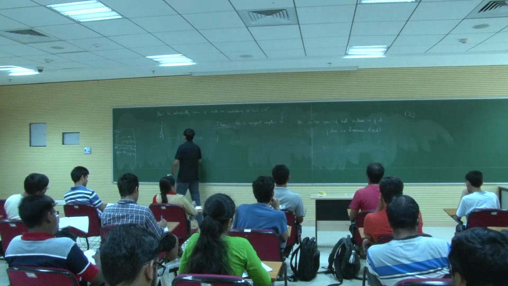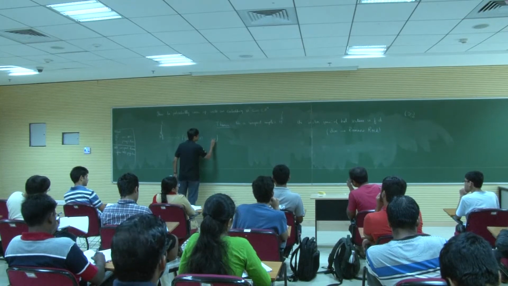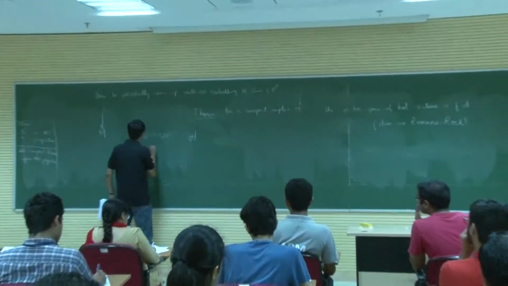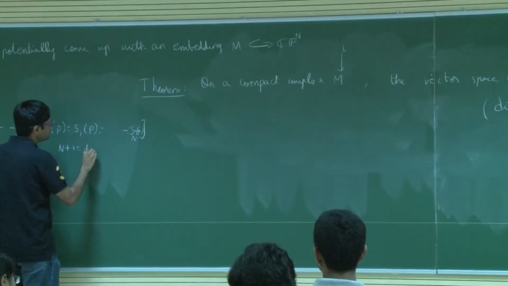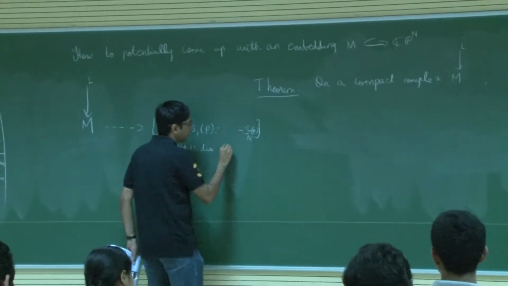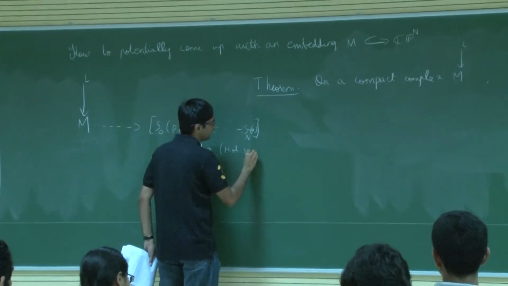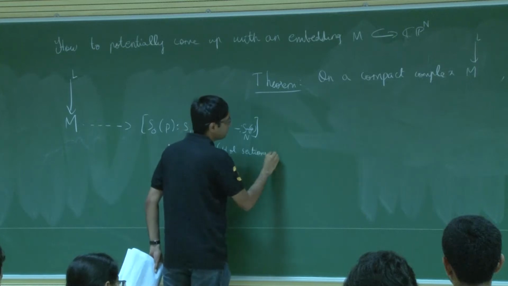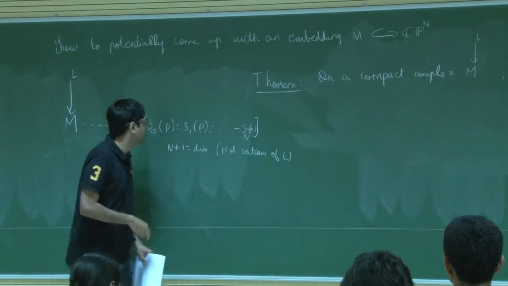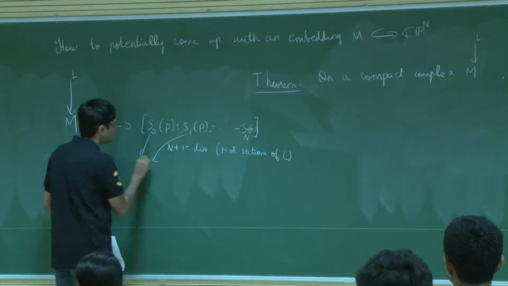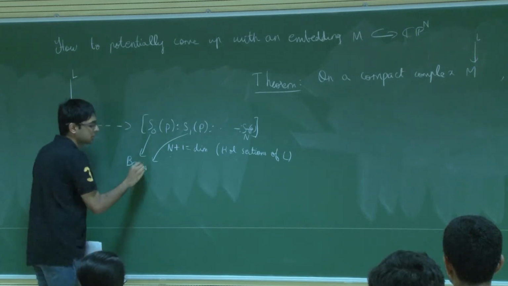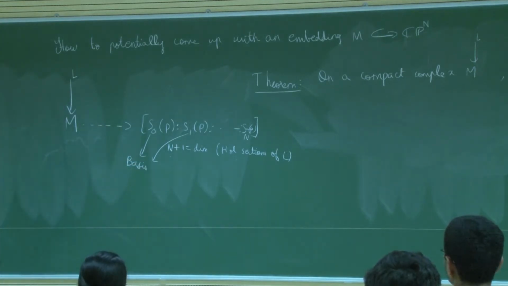Okay, so the bottom line is n plus 1 is the dimension of holomorphic sections of L. Okay, so I'm using, and these guys are all bases, they form a basis. So my strategy is the following.